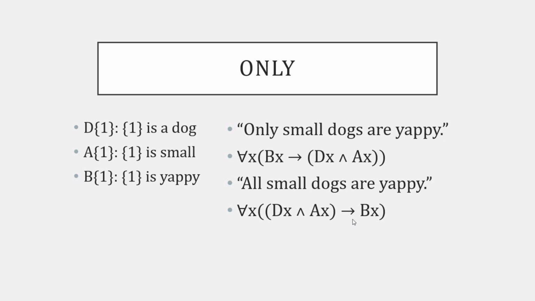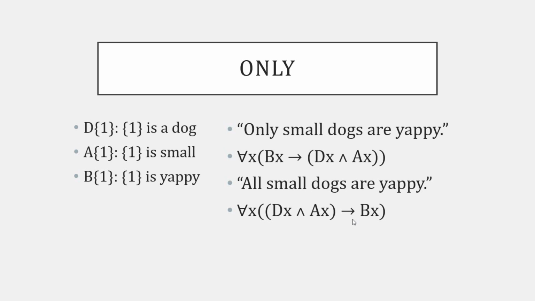But if I said all small dogs are yappy, rather than only small dogs are yappy, that says of all of the things that are dogs and they're small, then they're yappy. Do you see how those are different claims? The first one is a claim about all the things in the universe that are yappy. That's the topic of that sentence. So the topic goes in the antecedent.